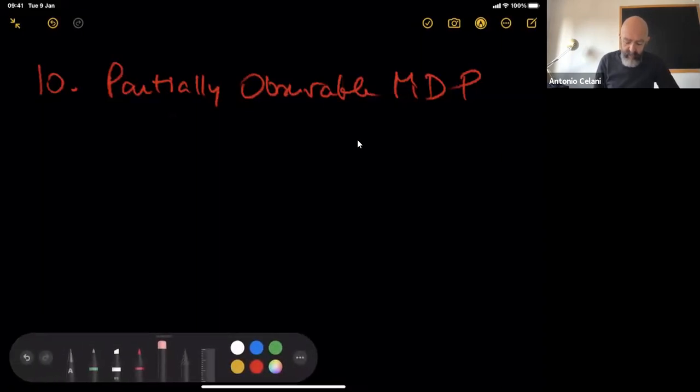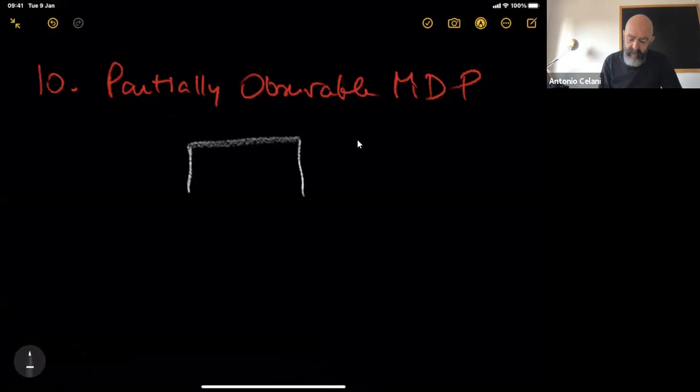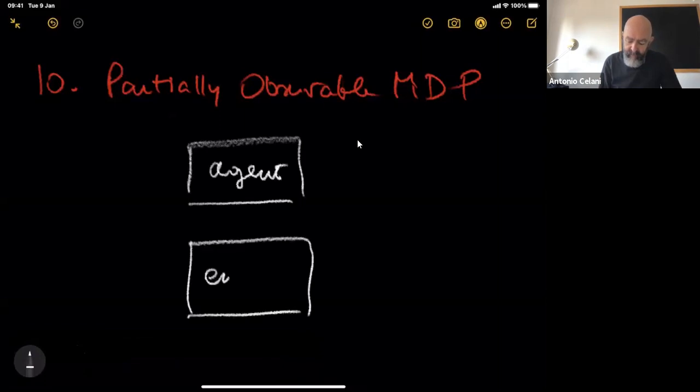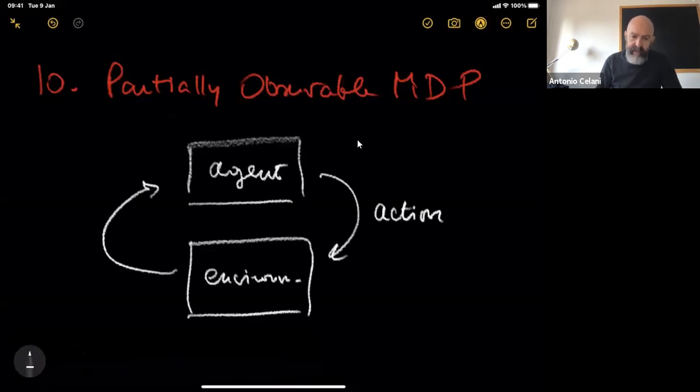As you remember from the very beginning, any reinforcement learning problem can be cast in the notion of an agent interacting with an environment, with a closed loop interaction, which is made of actions and percepts.